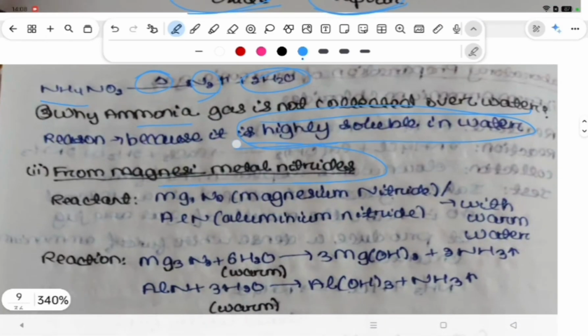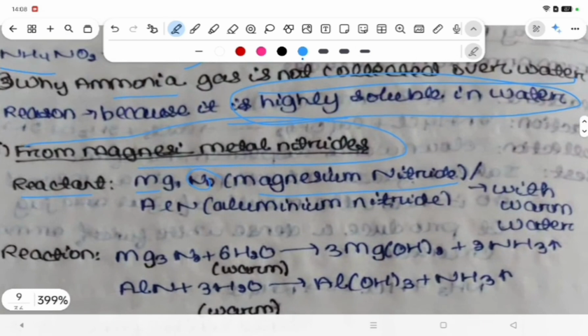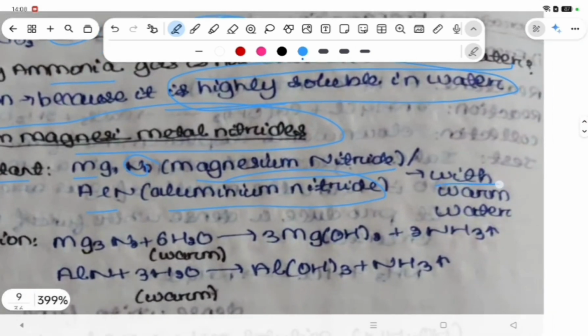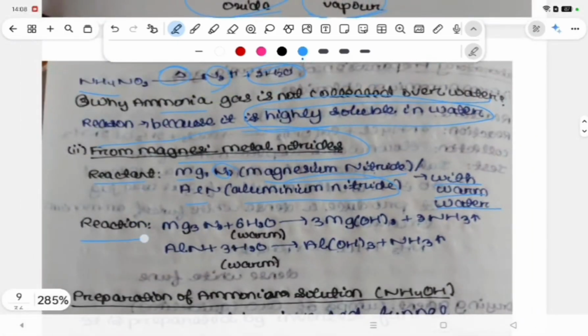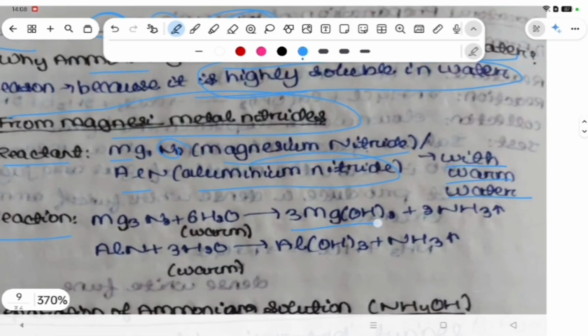From metal nitrides: reactants are magnesium nitride Mg3N2 and aluminium nitride AlN with warm water. Reaction: Mg3N2 plus 6H2O gives 3Mg(OH)2 plus 2NH3.